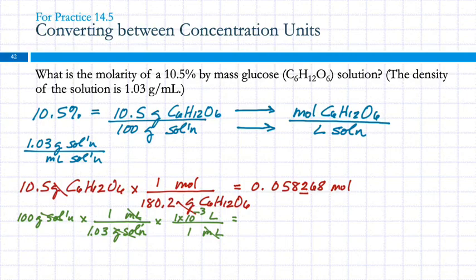So 100 divided by 1.03 times 1 times 10 to the minus 3. 0.097087 liters. The 100 grams is exact because it came from up here, so that's exact, but my density is not exact, so this would have 3 significant figures.